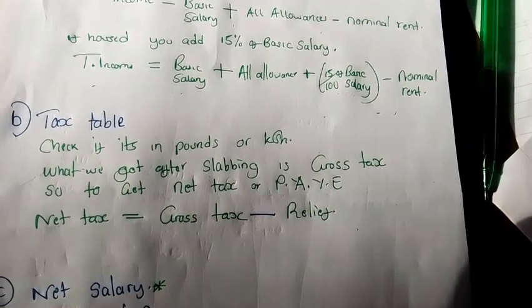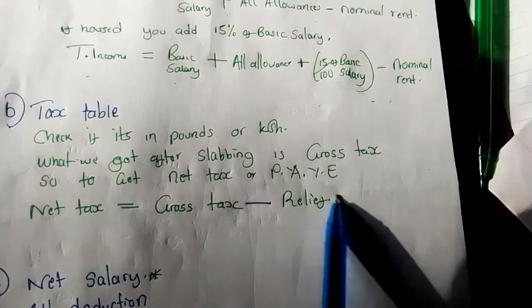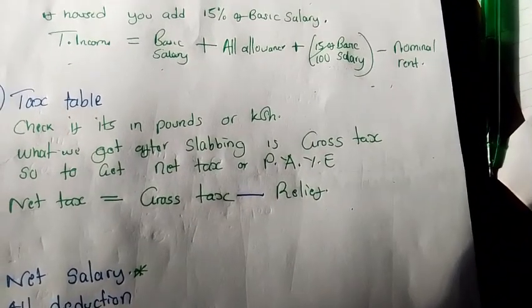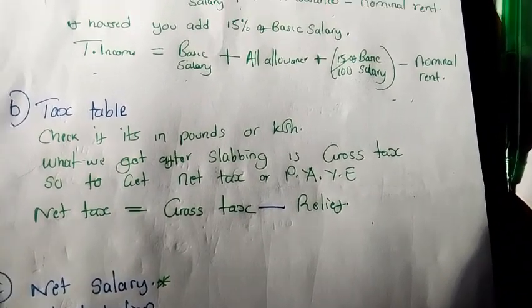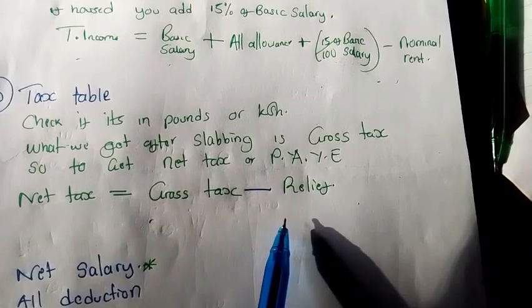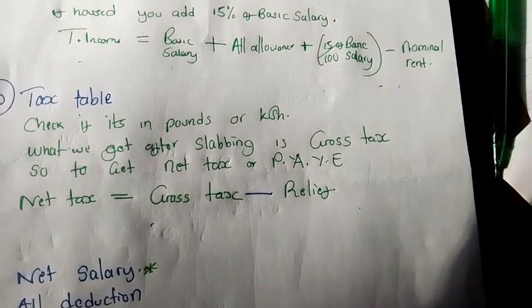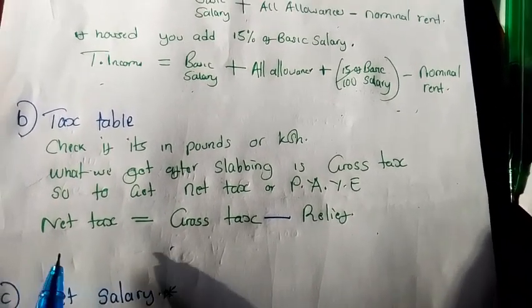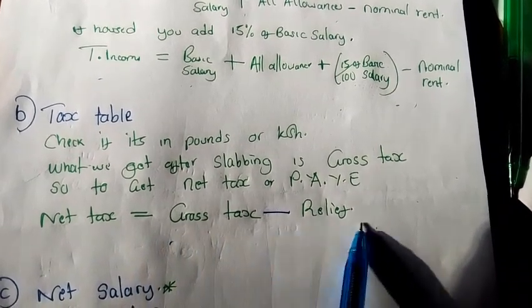So net tax you get by taking gross tax minus relief. Employees are entitled to relief. Some questions will tell you that the relief an employee gets is 1056, and in other questions you will be given specific reliefs. So when you want to calculate net tax, you get gross tax minus relief.